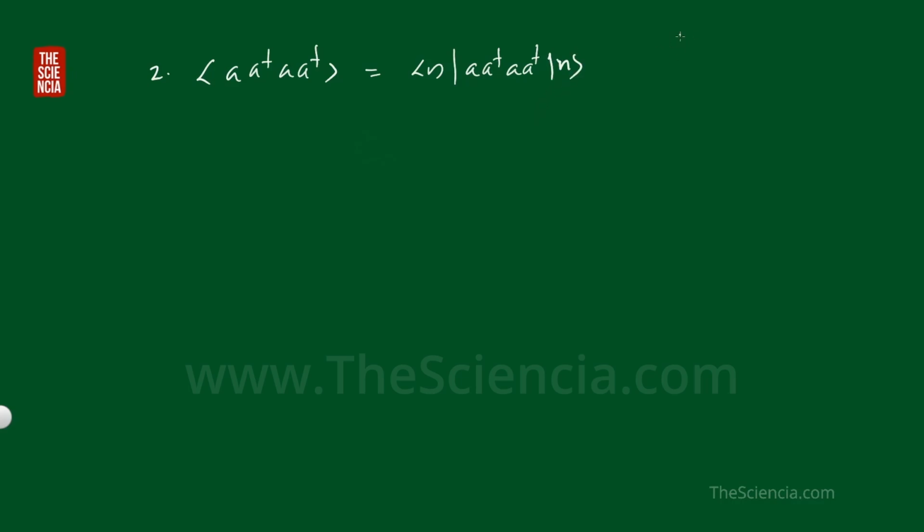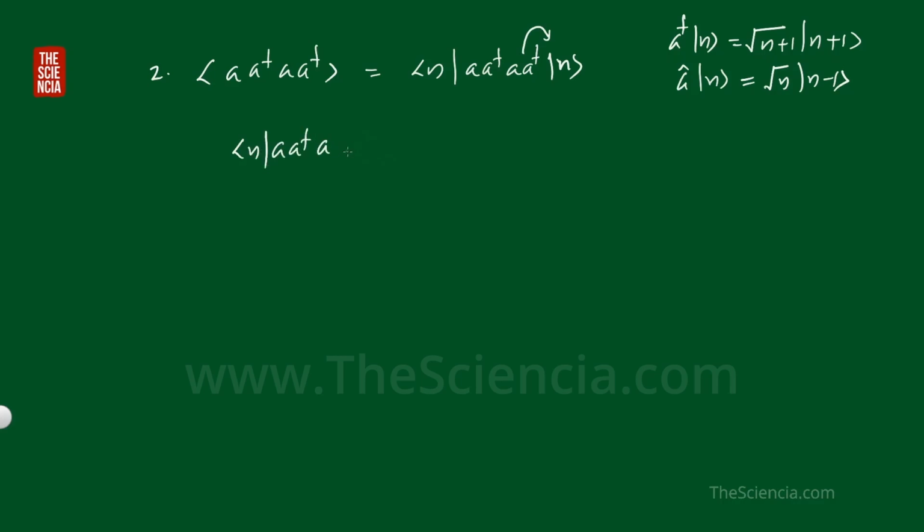And we know if the creation operator operates on ket n, we'll get root n plus 1 ket n plus 1, and if the annihilation operator operates on state ket n, then we'll get root n ket n minus 1, right? So now first this creation operator operates, that is bra n a dagger a, and this will be root n plus 1 ket n plus 1.